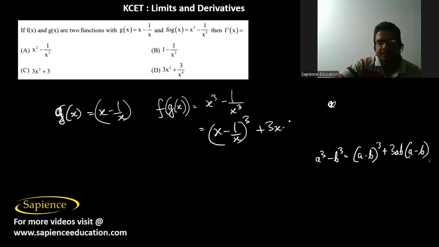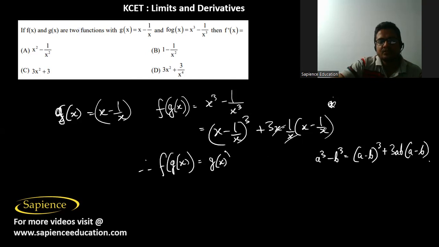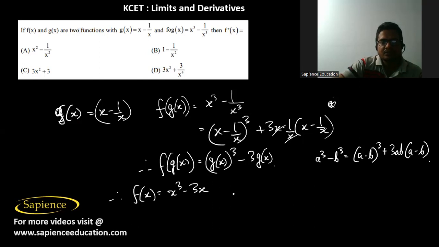So this will be plus 3x into 1 by x into (x minus 1 by x). So therefore f of g of x can be written as g of x whole cube minus 3 into g of x. So therefore f of x will be equal to x cube minus 3x. So therefore f dash x will be 3x square minus 3.